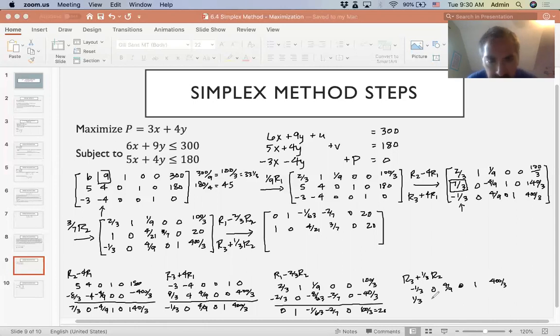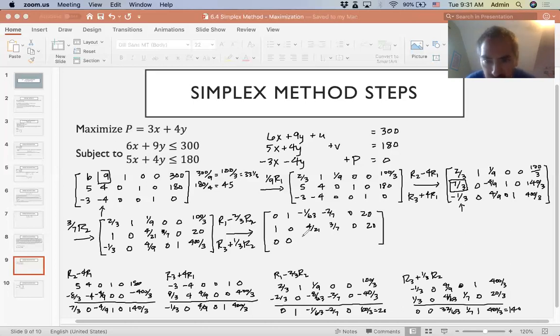That's 1/3, 0, 4 over 63, 1/7, 0, and 20/3. Okay, so that's 0, 0, 32 over 63, 1/7, 1, and 420 over 3, which is 140.